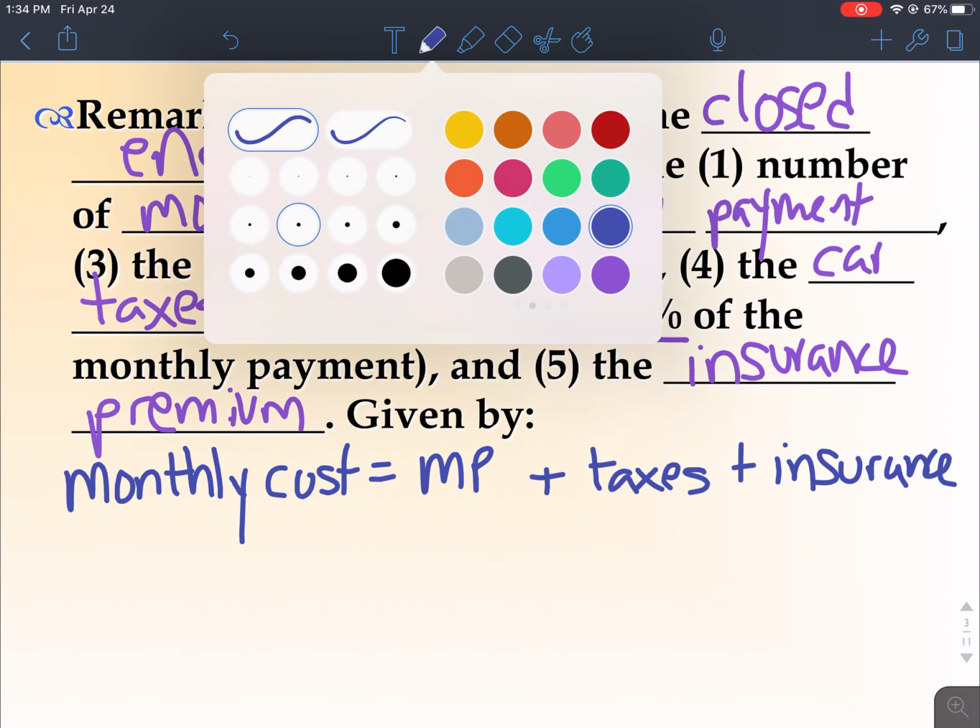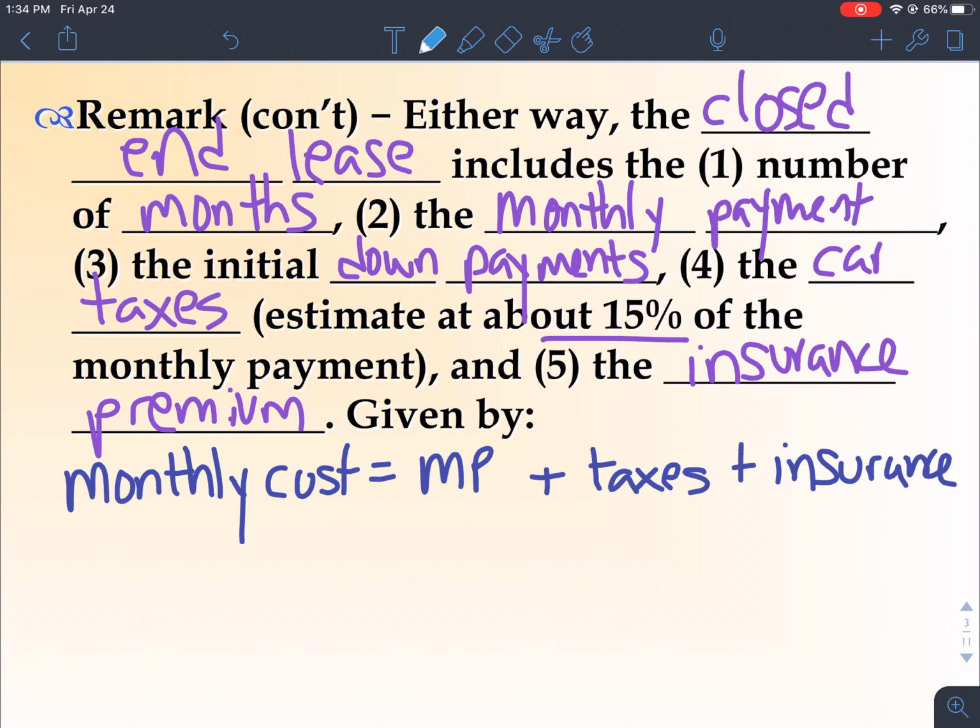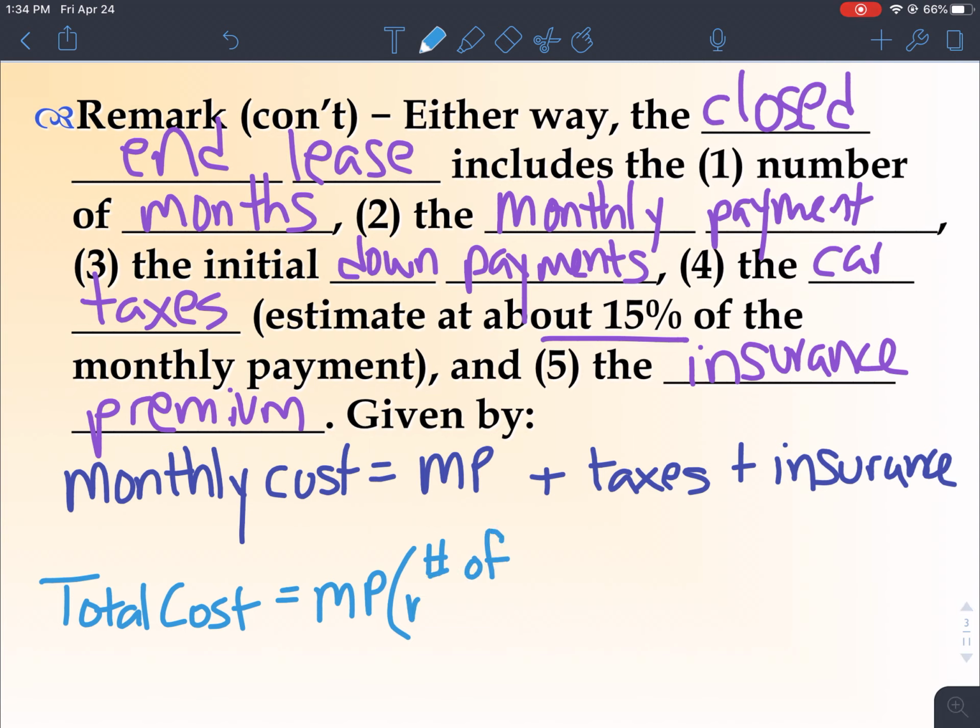If we want to calculate the overall total cost over the course of the entire term, that's going to be the monthly payment times the number of months plus taxes.